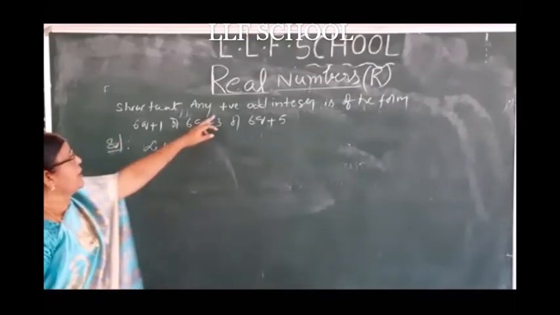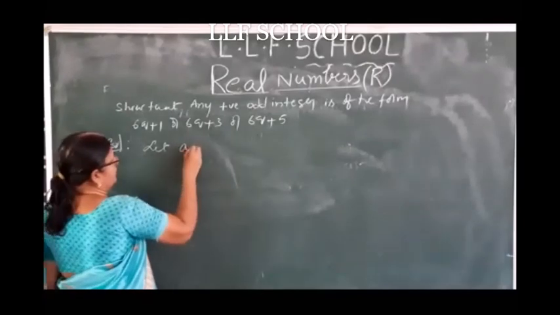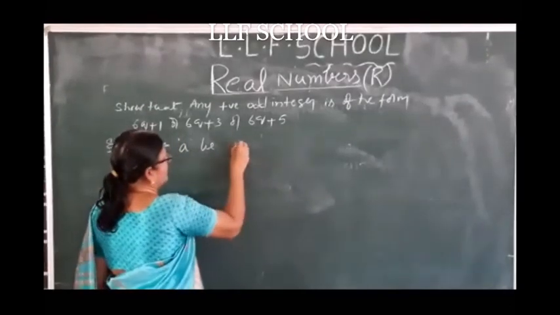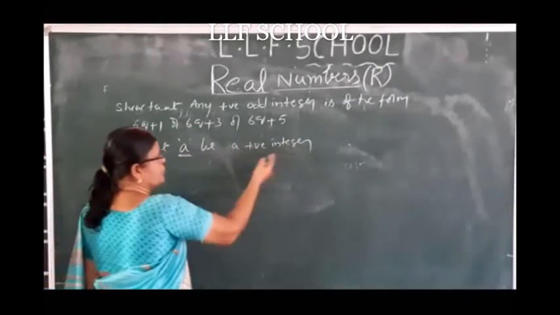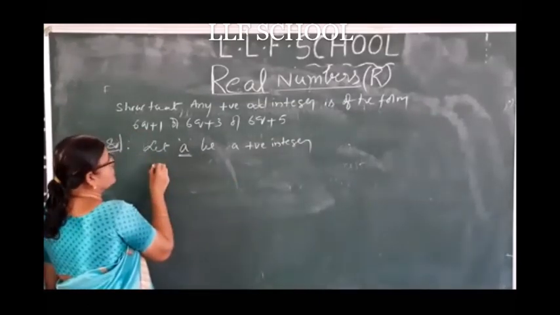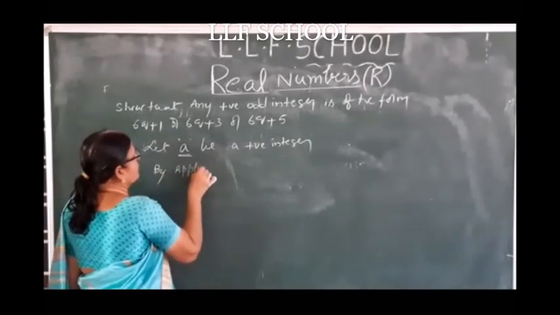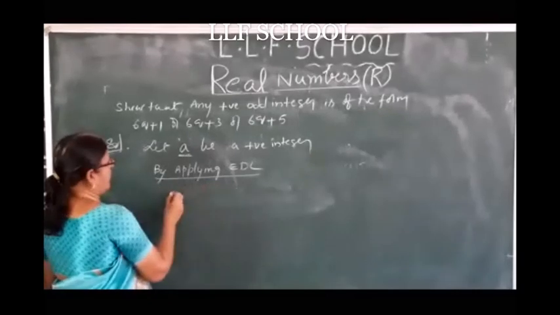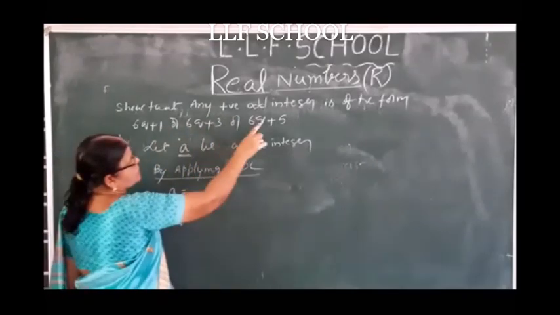First, let A be a positive integer. Then by applying EDL, A is equal to BQ plus R, where B is here 6, because here all are shown with 6 multiple plus 1, 6 multiple plus 3, 6 multiple plus 5.